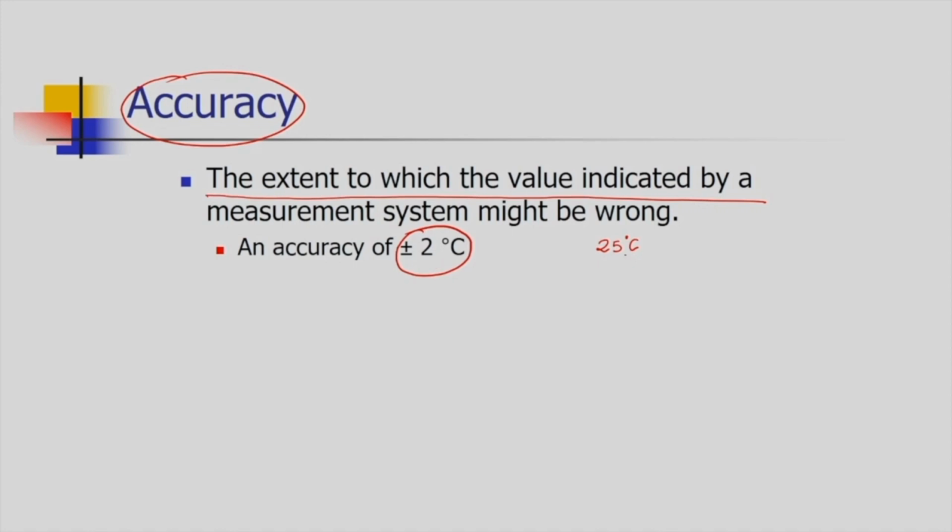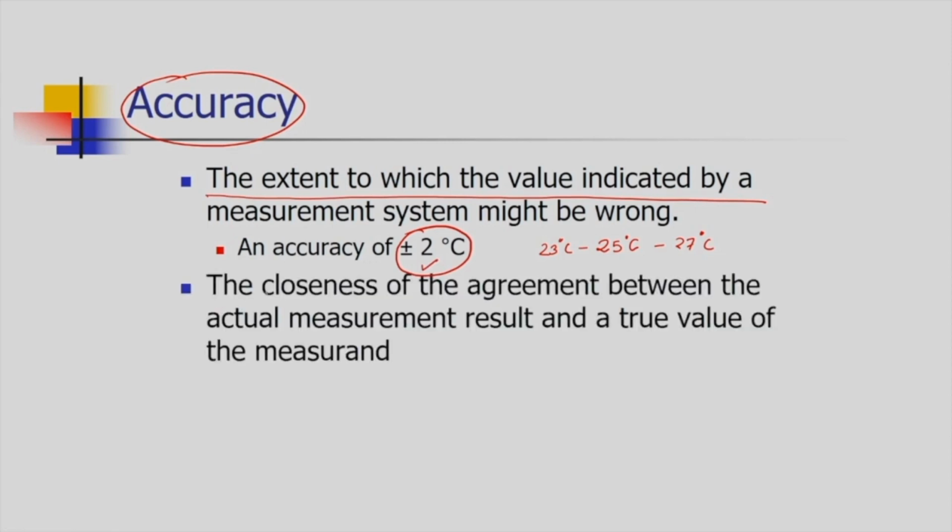The meaning is that this value may have an error of up to plus or minus 2 degrees Celsius. So, the exact value may be 27 degrees Celsius or it may be 23 degrees Celsius. So, with plus or minus 2 degrees Celsius the sensor is working.